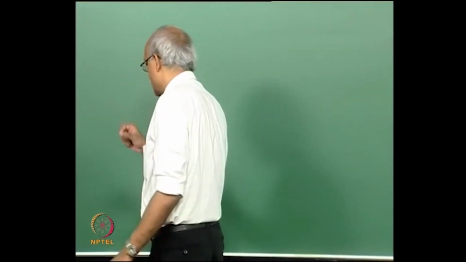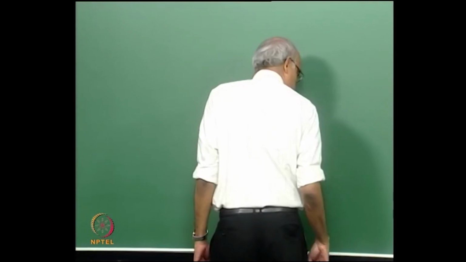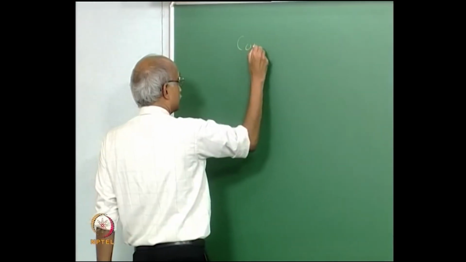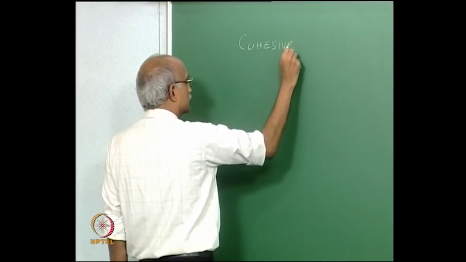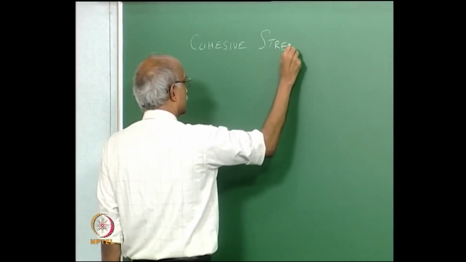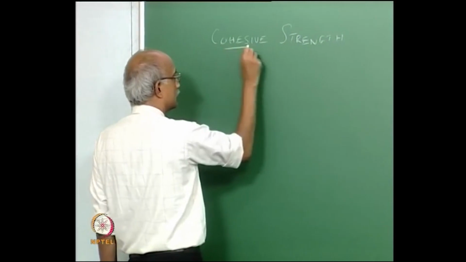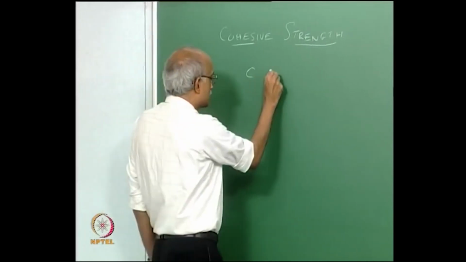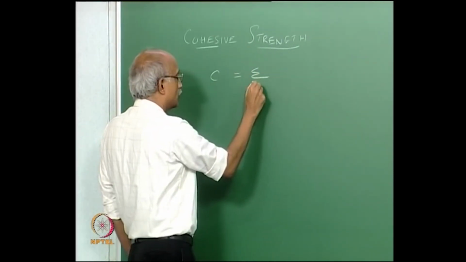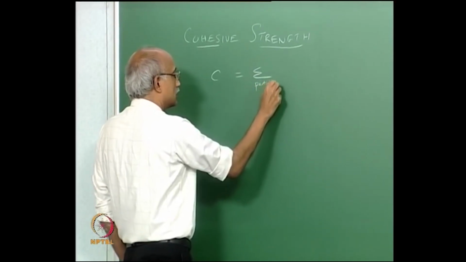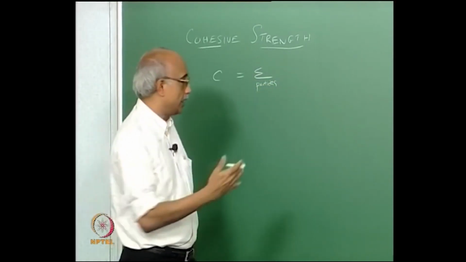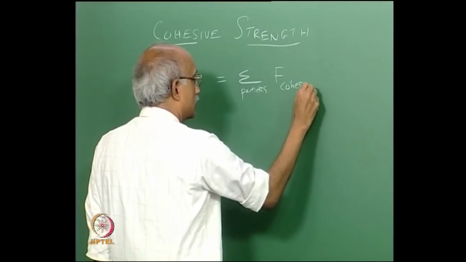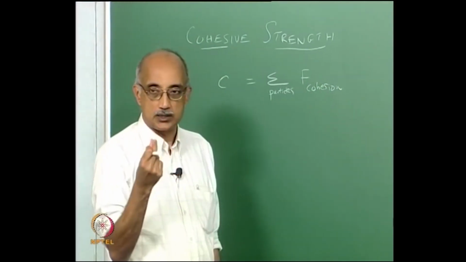So, when we are talking about the cohesive strength of any object, let us say that we define it as C. This is really a summation over all particles that comprise that object, and what you are summing are the individual forces of cohesion between pairwise particles.